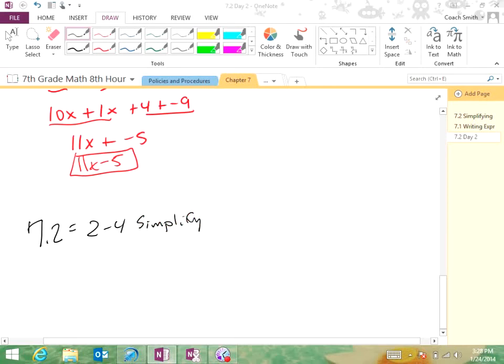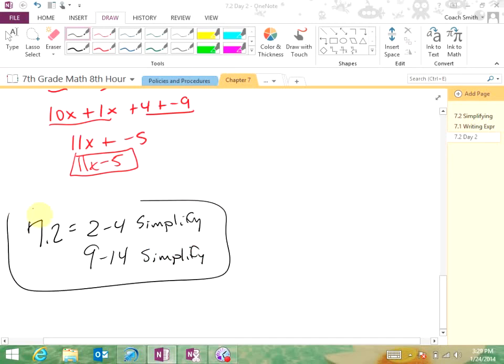And then you're going to do 9 through 14. And you're going to simplify those. That's what you're doing. All you're doing now is simplifying the problem, like we just did the 3 or 4 we did today. To do on Monday.